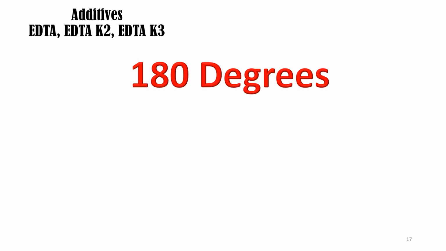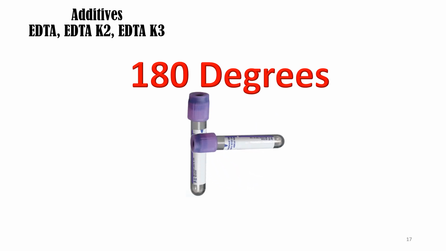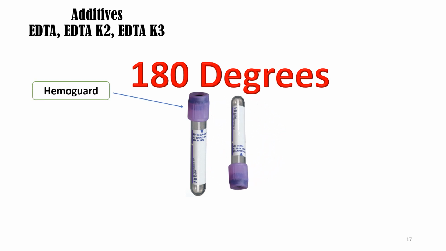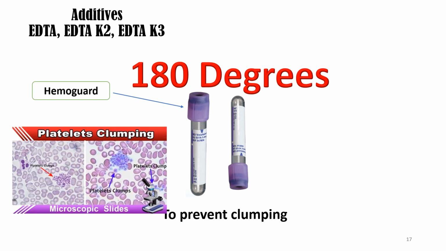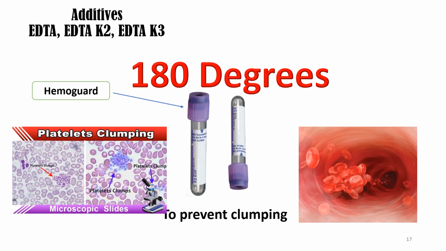The same thing if we don't invert to the proper angle, 180-degree angle. Remember that. We have to invert at 180 degrees. And that is the Hemogard, the top that covers that tube. That's what we call lavender. You want to prevent the clumping of red blood cells, also the clumping of platelets, as you could see here.